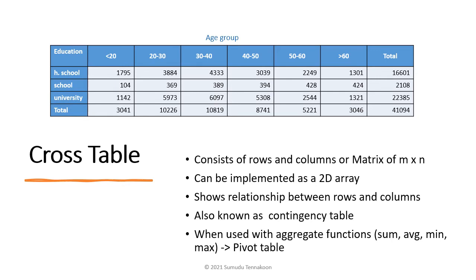When we use this cross table with other aggregate functions, here you have a simple count, but we can take the sum of another variable in place of the count, or average, mean, max. So we can use other aggregate functions, and then we can create a pivot table.